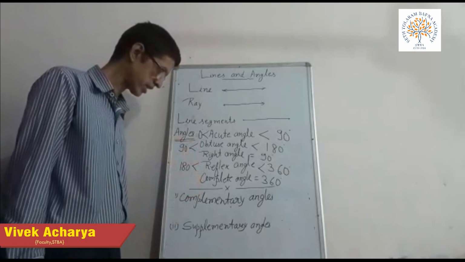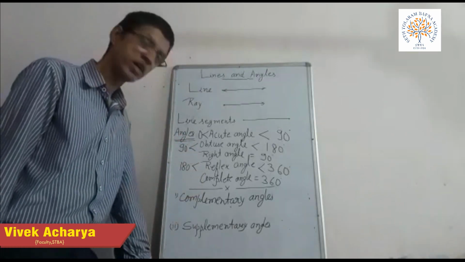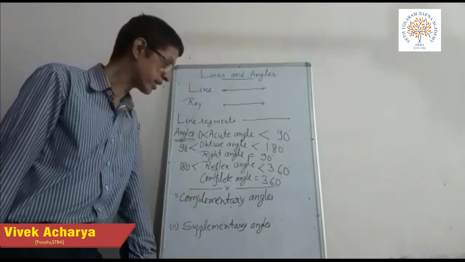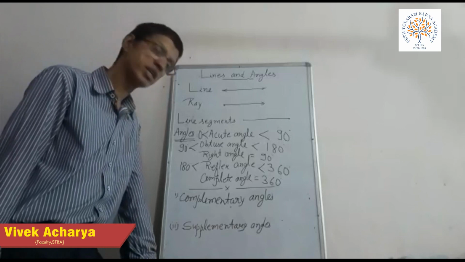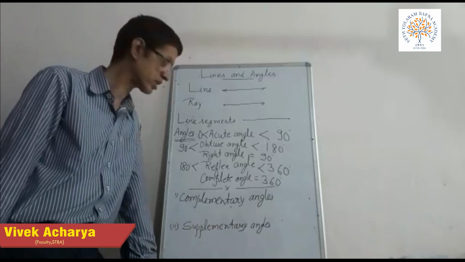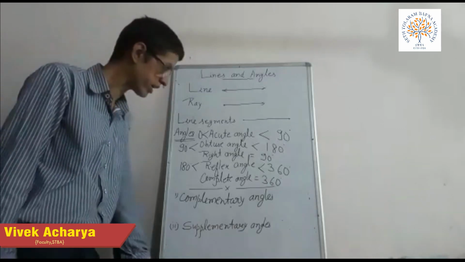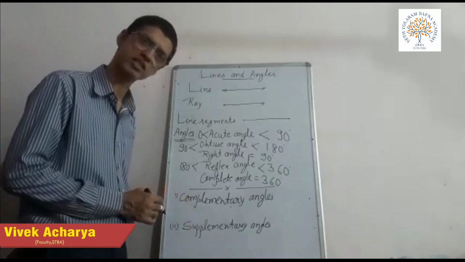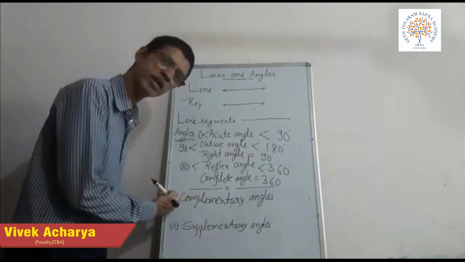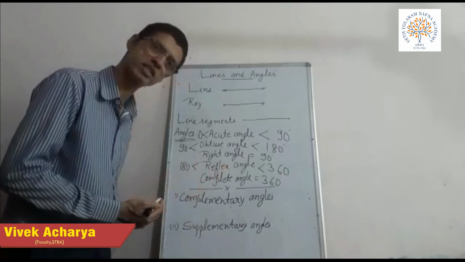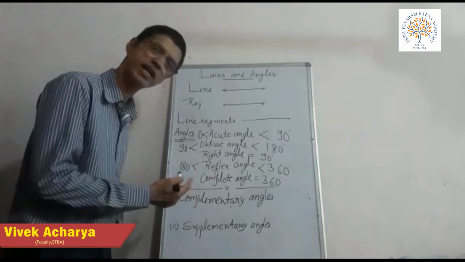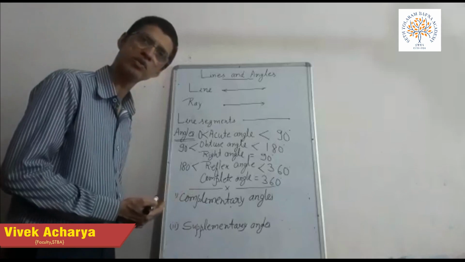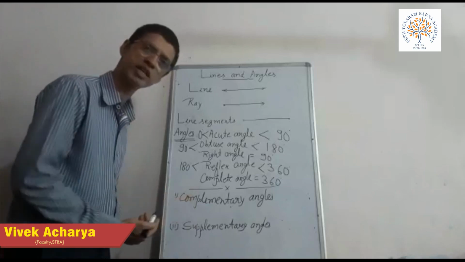complete angle. Now if for a pair of angles the sum is 90 degrees or 180 degrees, according to that we call them complementary and supplementary angles. If a pair of angles, I mean two angles, have a sum of 90 degrees, then you will say they are complementary angles.